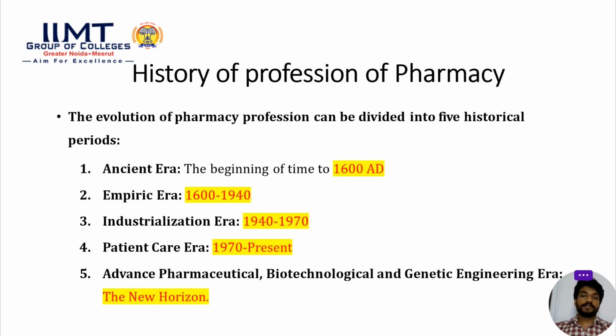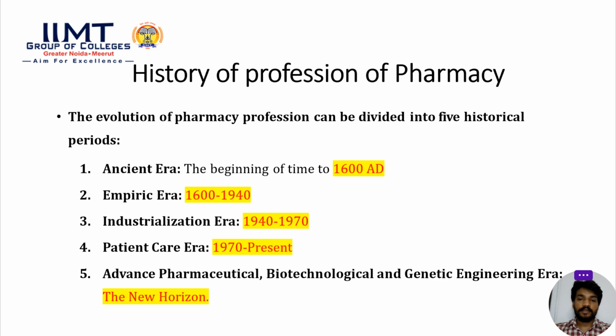So next slide discusses about the history of profession of pharmacy. So particularly the evolution of pharmacy profession can be divided into five historical periods. First is ancient era. It is particularly the beginning of the time to 1600 AD. Second is empiric era from 1600 to 1940.